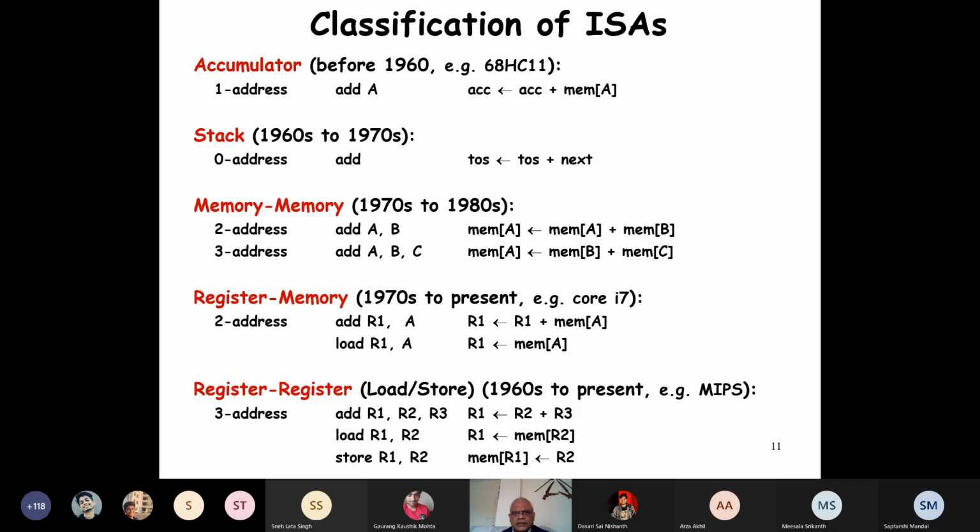This is the accumulator architecture. If you want to add something, you have to use the accumulator, a special register ACC. You first bring one of the operands into the accumulator and then add A to that. Similarly for the stack architecture, the memory architecture, the register-memory architecture, and the register architecture; we will not spend time here.